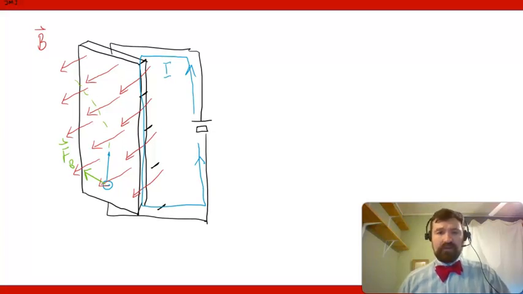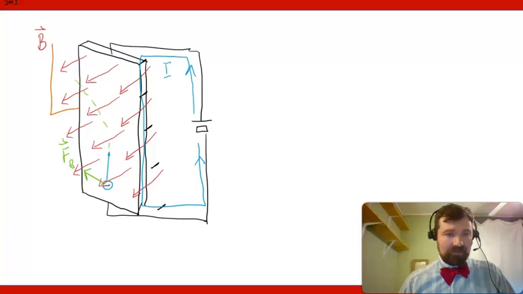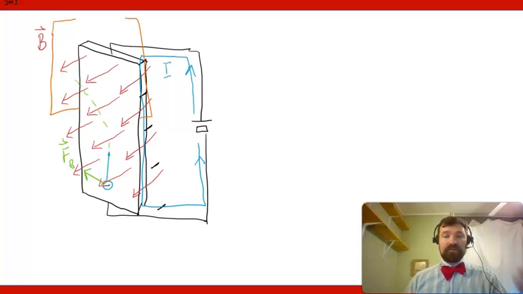Now, if that were to occur, then by applying a second set of probes connected to this side and to this side, if I were to apply a voltage drop here, a second voltage, I would be able to measure a voltage drop.